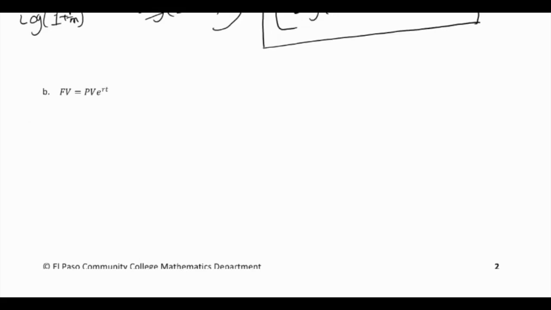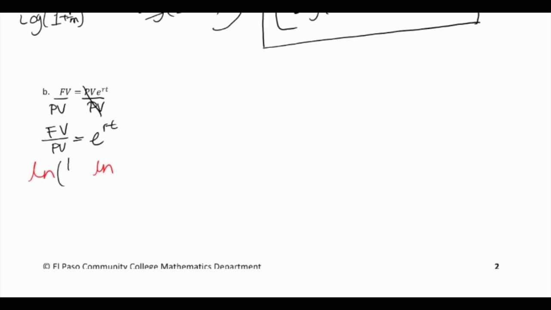Now for our last example, we have FV equals PV e to the rt. Anytime we see e, we're going to use the natural log. So first, let's isolate that. Divide both sides by PV. So this cancels, and I have FV over PV equals e to the rt. We take the natural log on both sides.